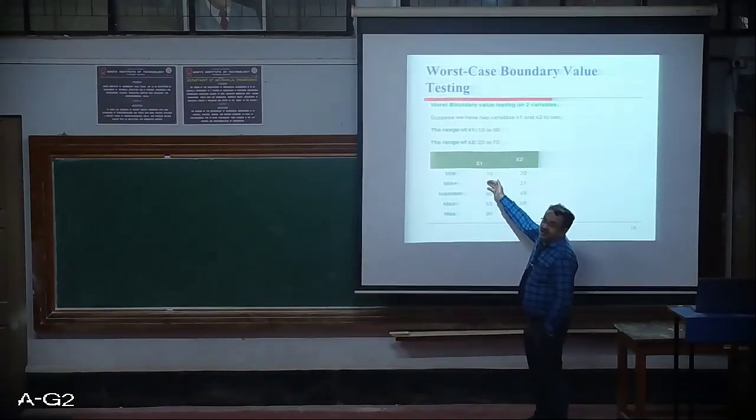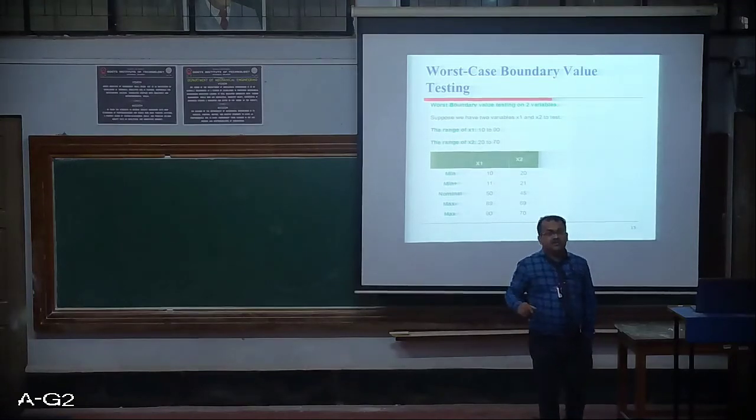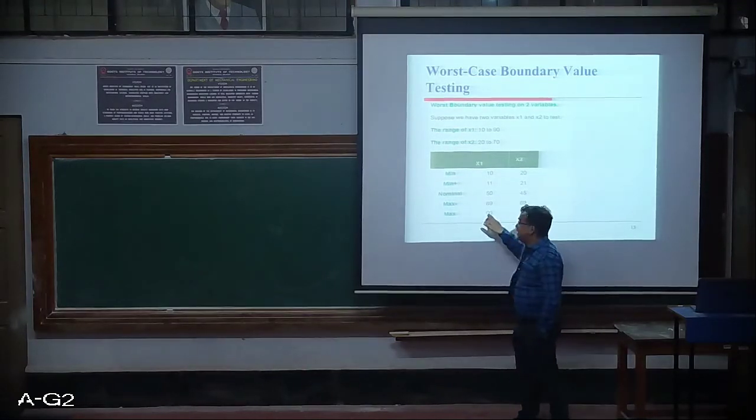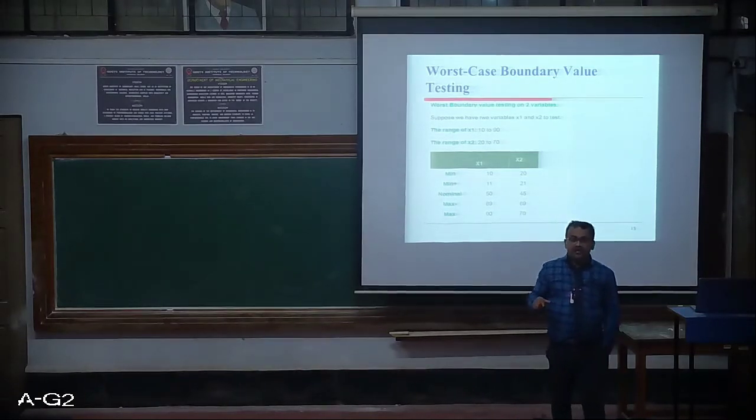In the valid range, one above 10 is 11. There can be a nominal value anywhere in between, say we are considering it to be 50. Then the maximum boundary value is 90, and one less than the maximum is 89.